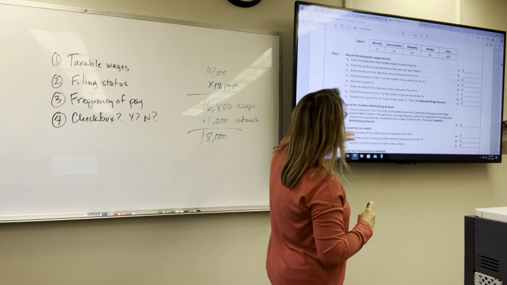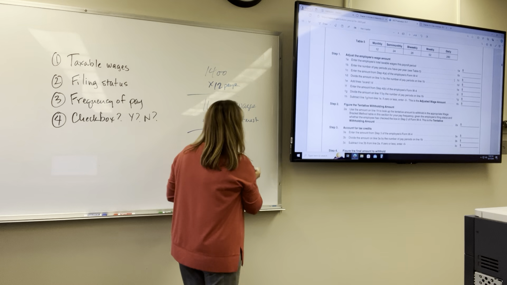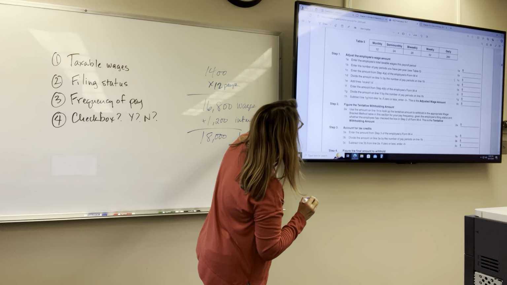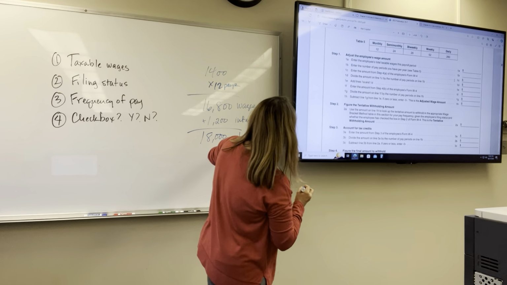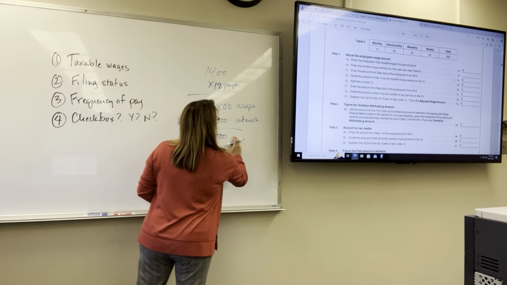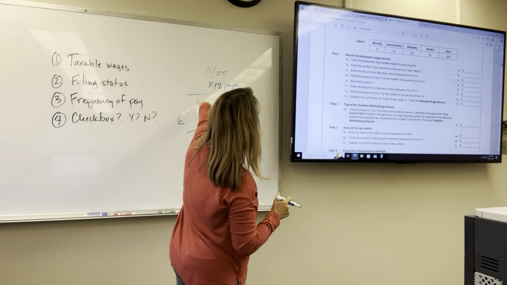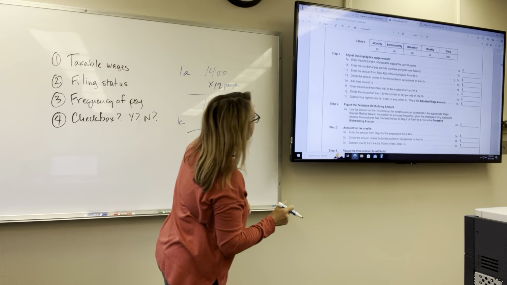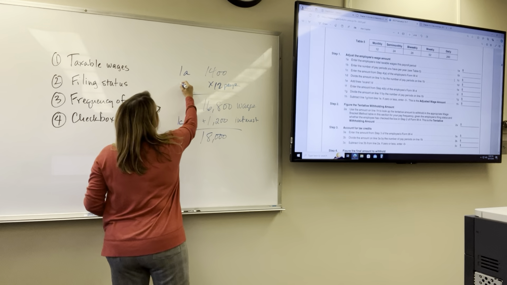Divide the amount on line 1C. This is 1C. Sorry, no, this is 1C. This is 1A. This is 1B.